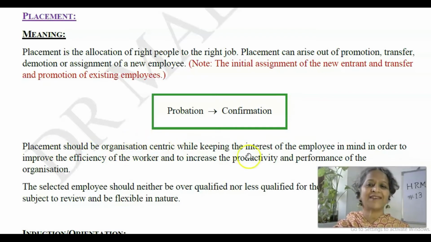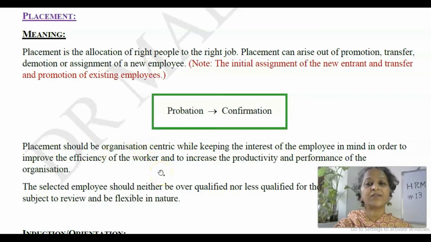But simultaneously, what is important is that even the interest of the employee is also considered, because if the employee is satisfied and happy in the position where he or she is placed, then only the efficiency will improve, right? And if the efficiency of the worker improves, it increases the productivity and ultimately it benefits the organization. So placement is being done for the benefit of the organization, but the interest of the employee must be kept in mind so that ultimately the organization benefits.